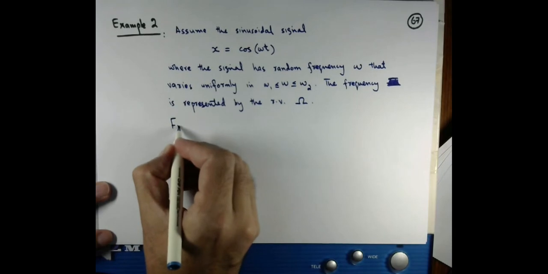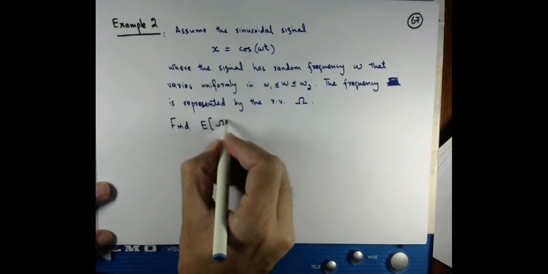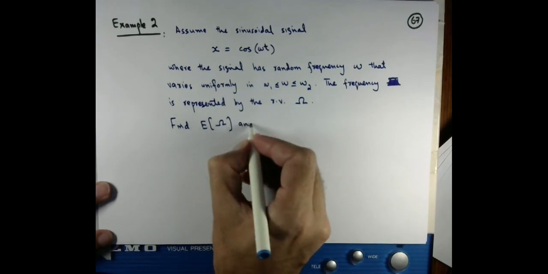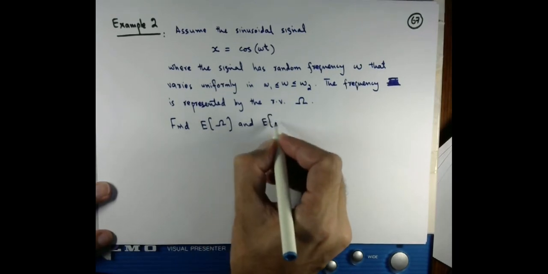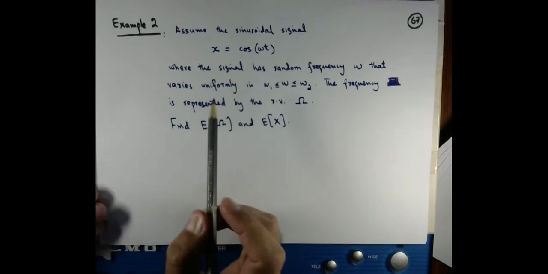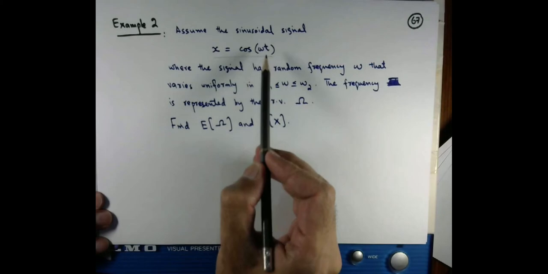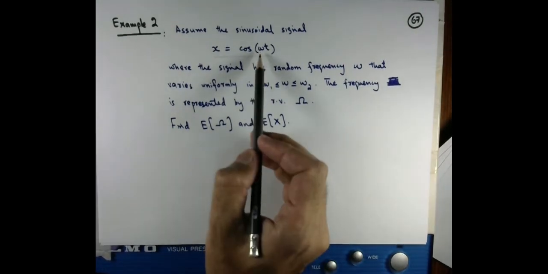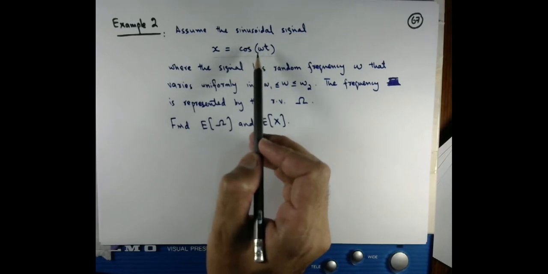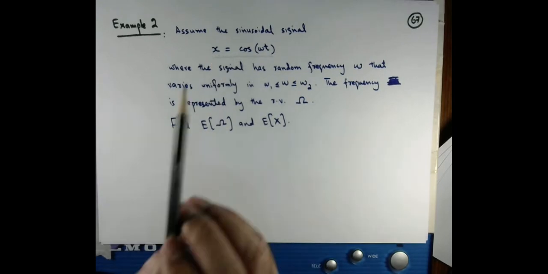The question says that we need to find the expectation of omega and expectation of x. So now what is the problem to be solved? We have a relation between the source random variable omega, the parent random variable omega, and the target or the derived random variable x.